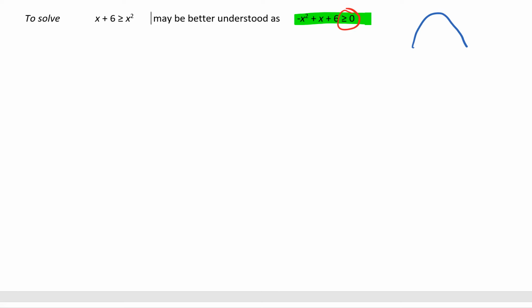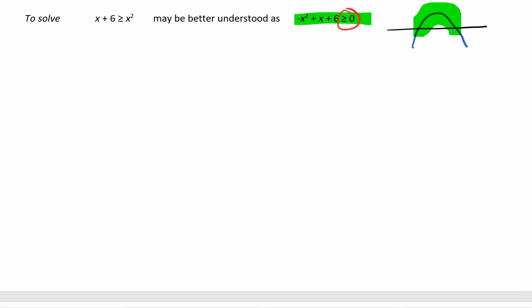So if I now go and put in my x-axis, I want to know where the parabola is above or on the x-axis. So I clearly want this region. Let me see if I can colour that. And that shouldn't be below that black line.